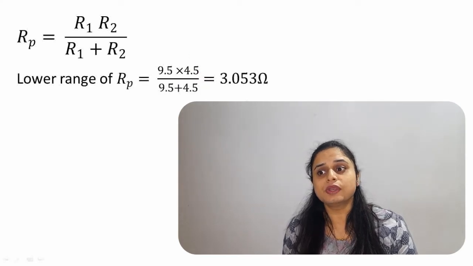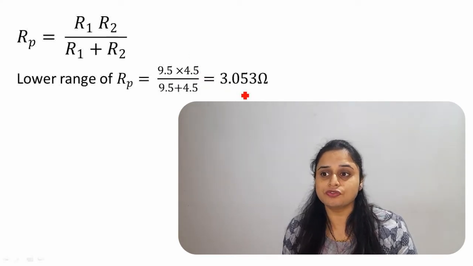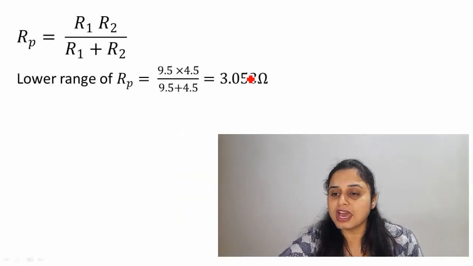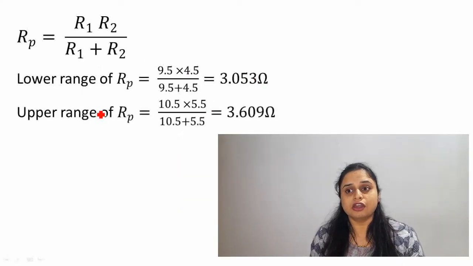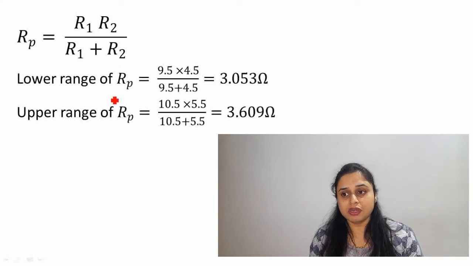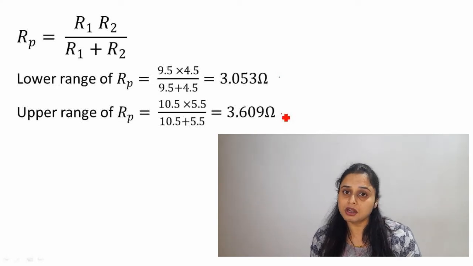When we solve this, you will get the value as 3.053. Similarly, you can find the value for the upper range of the parallel combination. The upper limit for R1 is 10.5 and for R2 it is 5.5. When we solve that, you will get the value as 3.609. This is the lower range and this is the upper range.